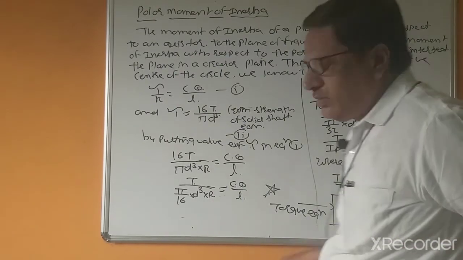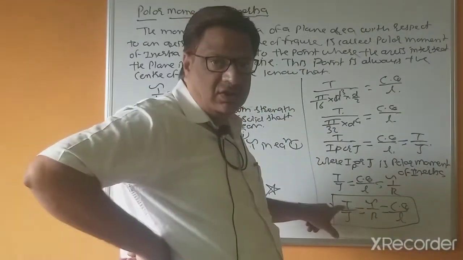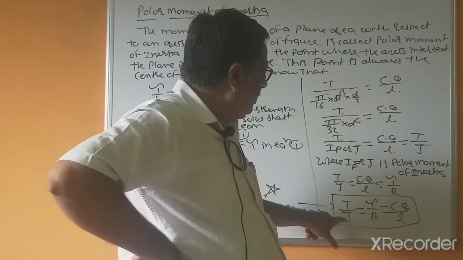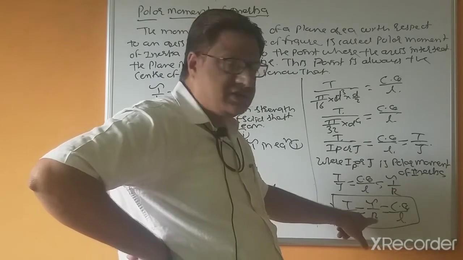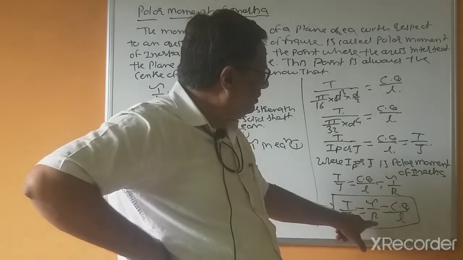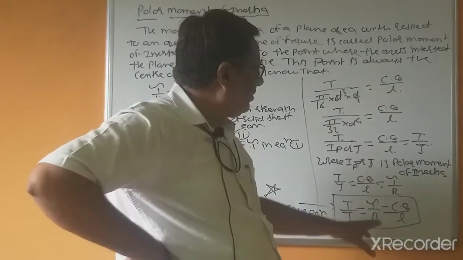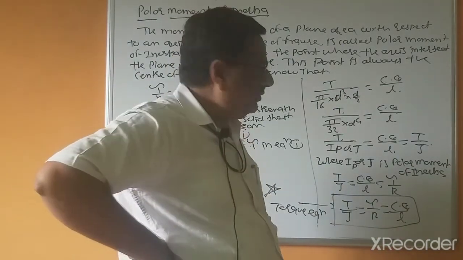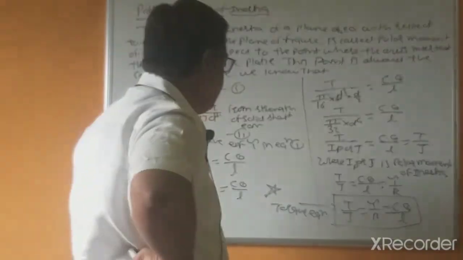So here T is the torque or twisting moment, J is the polar moment of inertia, and tau is the shear stress acting, R is the outermost radius of the shaft, C is the modulus of rigidity, theta is the angle of twist, and this is in radian.